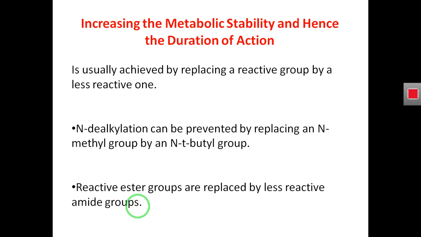So what we can do is replace the ester functional group with an amide group. Here we have a standard rule, meaning we can replace the ester functional group with an amide.